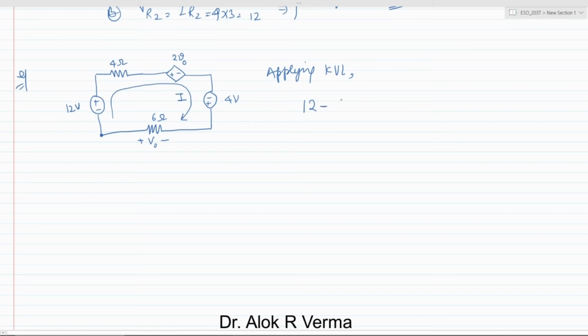So the drop is negative: 4 into I is the voltage drop. Then again it is a drop of 2 V naught. Then it is a rise of 4 volt, plus 4. Then again it is a rise of V naught, plus V naught, and the sum equals 0.